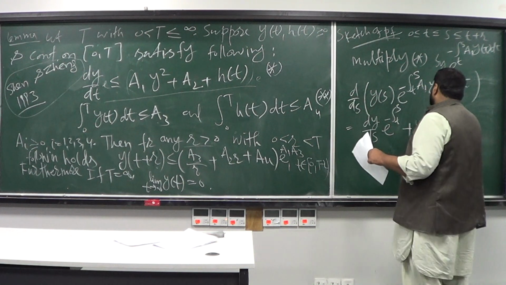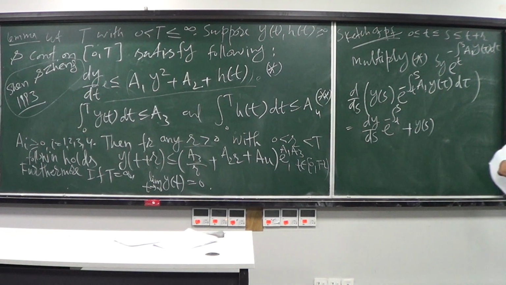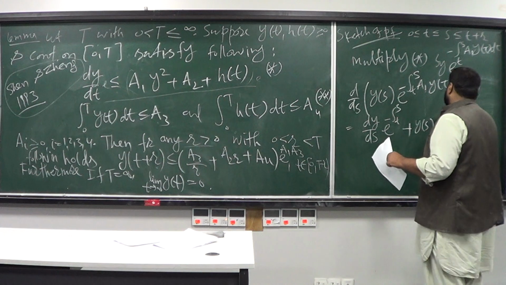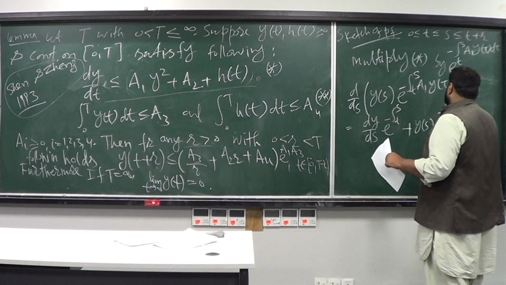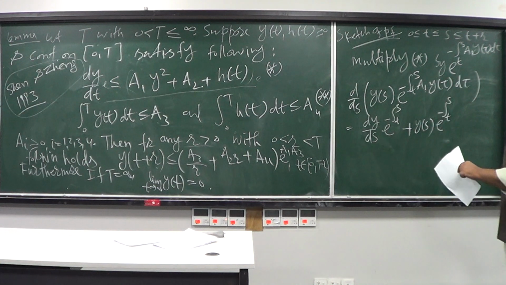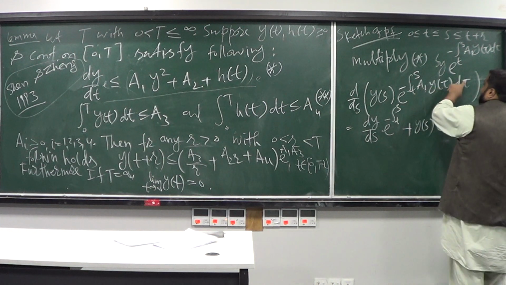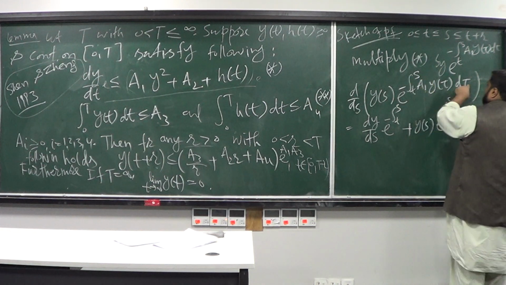So it's going to be y of s times the derivative with respect to s of this exponential. The exponential is going to stay the same. So I'm not writing all the details, I'm just putting t to s. Okay, times the s derivative of this integral.